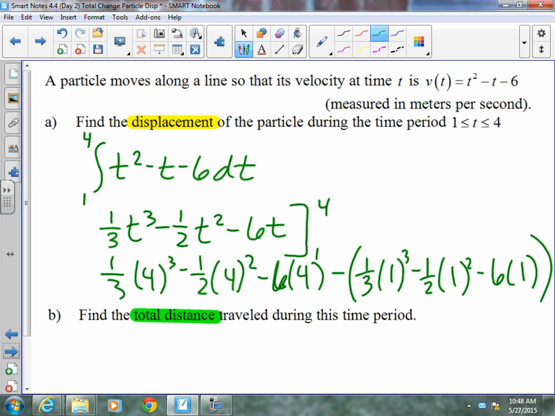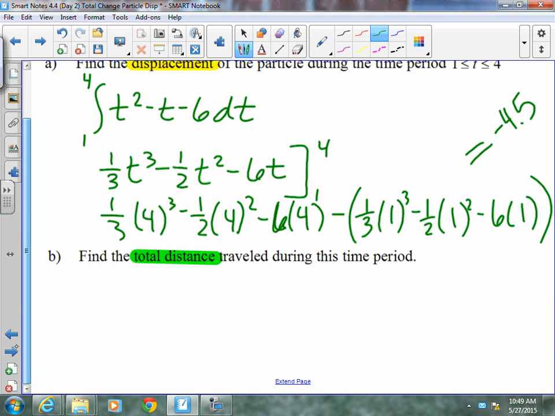Plug in your 4, subtract your 1 plugged in, and this ends up equaling, for lack of space, I'll go straight to the answer, negative 4.5, which means at 4 seconds, the particle is 4.5 meters left of where it was at 1 second.